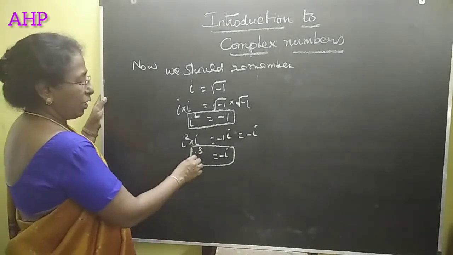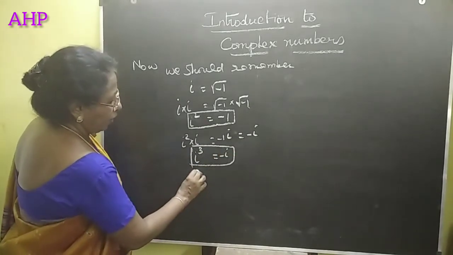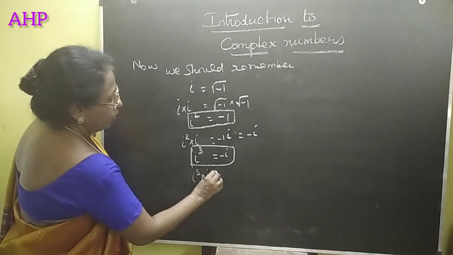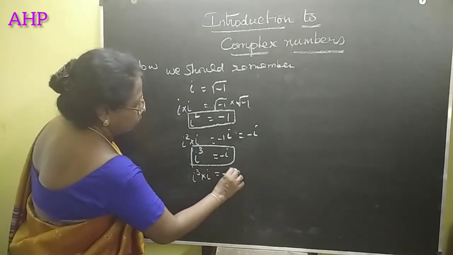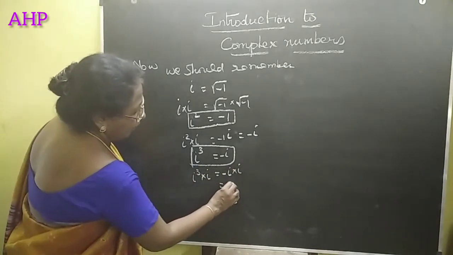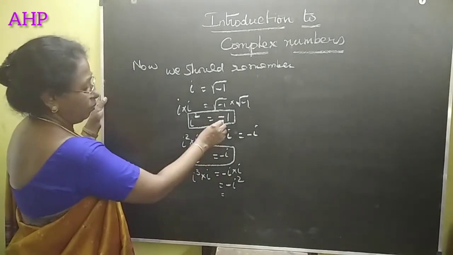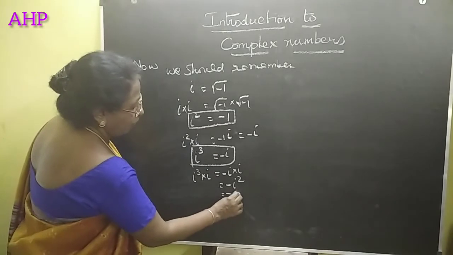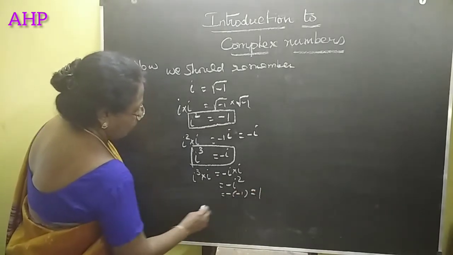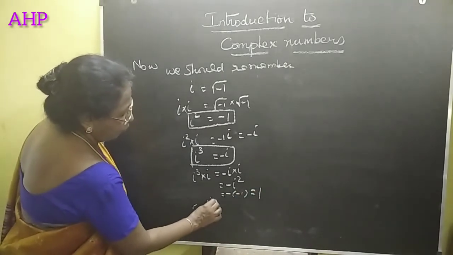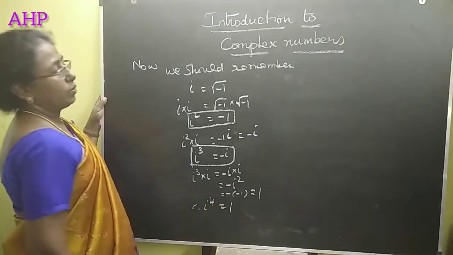Similarly, multiplying i cube by i gives minus i into i, which is equal to minus i square. The i square value is equal to minus 1, so minus of minus 1 is equal to 1. Therefore, i power 4 is equal to 1.